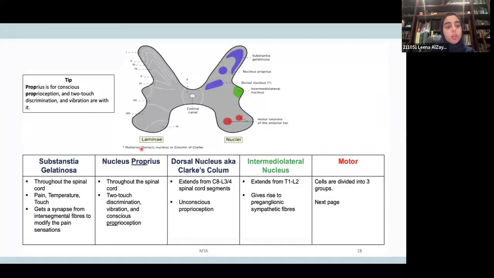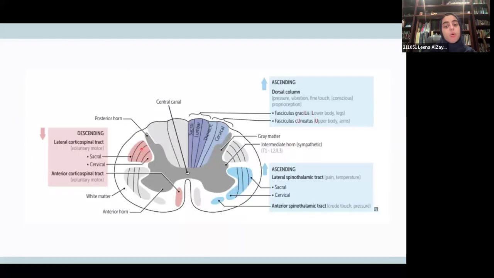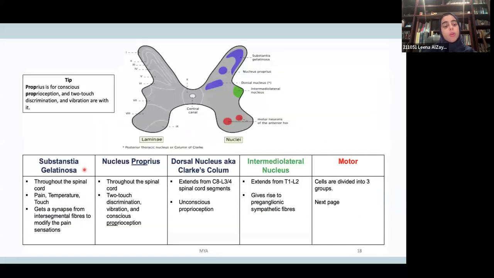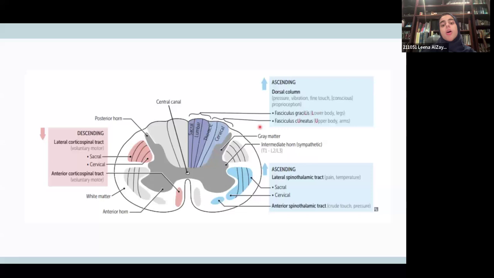Okay. So just some information about the fibers themselves. We talked about the nuclei, which is the gray matter. Now we're going to talk about the white matter and where they're located. So the dorsal column, which is connected to the nucleus proprius, is over here. As you go medially, you have sacral segments, and as you go laterally, you have cervical segments.